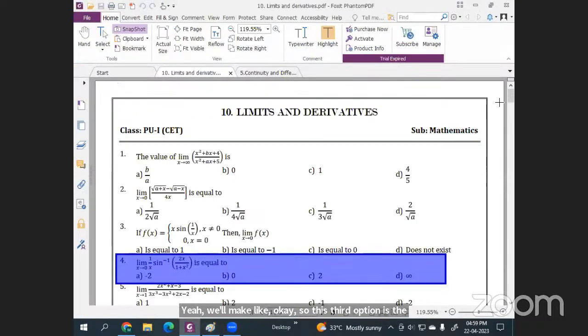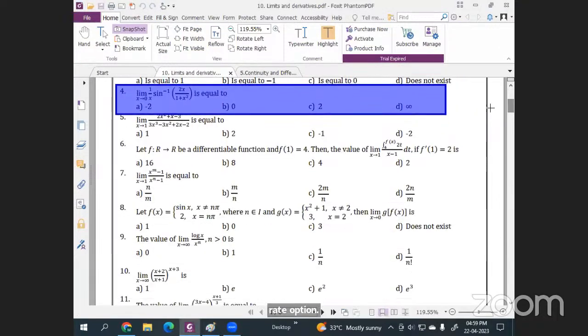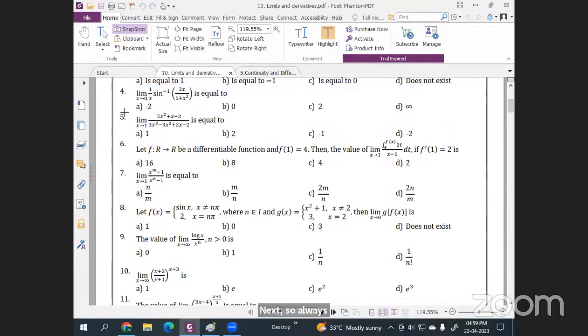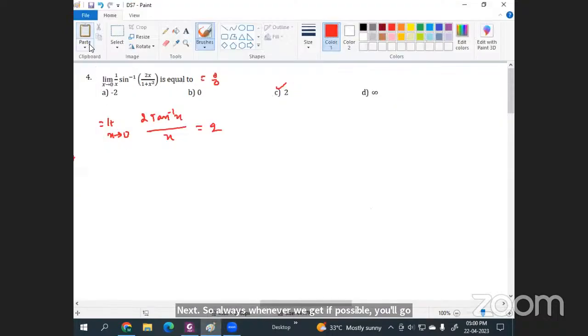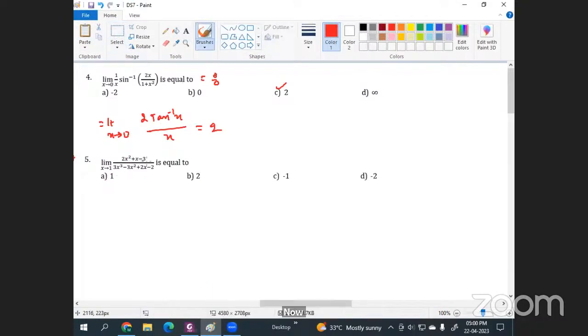Next. Whenever possible, you go for what? Simplification, right? Now we'll go for the fifth question. Now listen, limit as x extends to 1, (2x square plus x minus 3) by (3x cube minus 3x square plus 2x minus 2). You are getting 0 by 0.